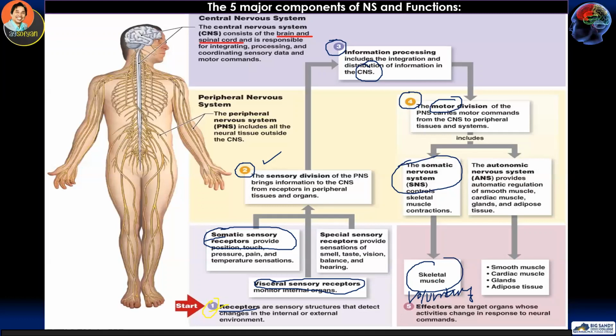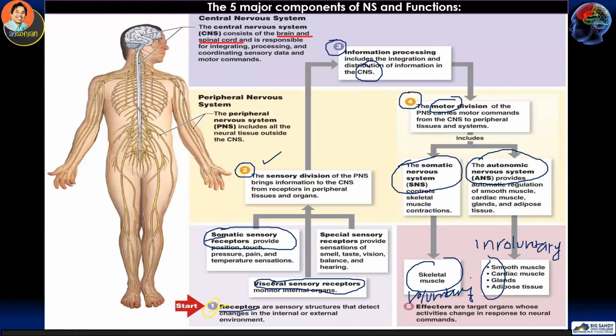If it is part of the ANS, then the order will be carried to the effector, which is the involuntary effector. We cannot really order them to perform the action. They will perform the action by themselves automatically.